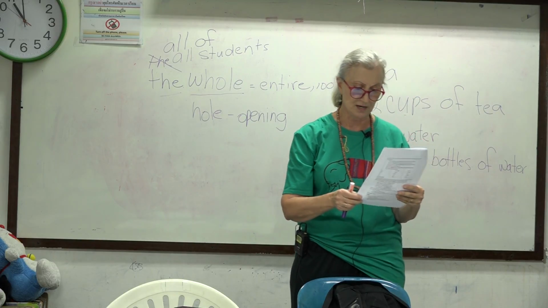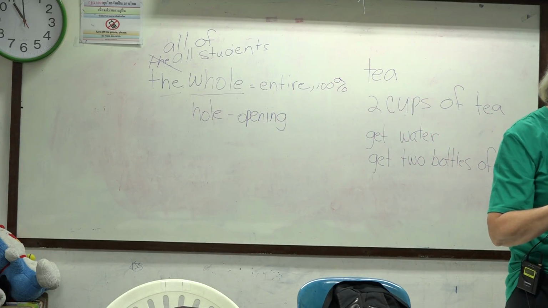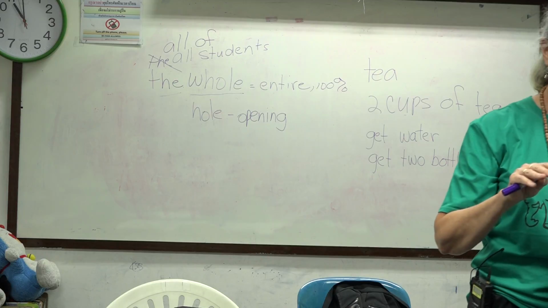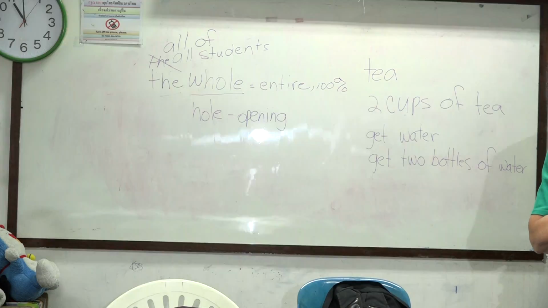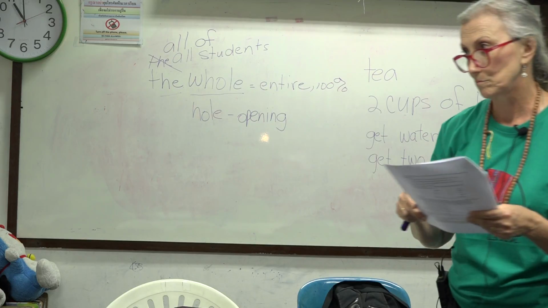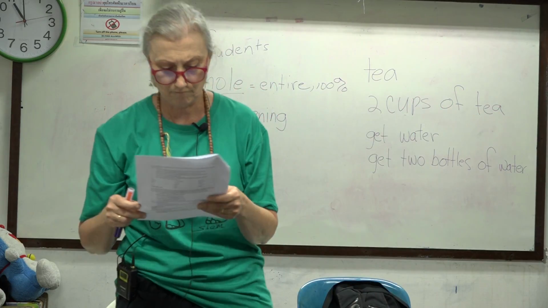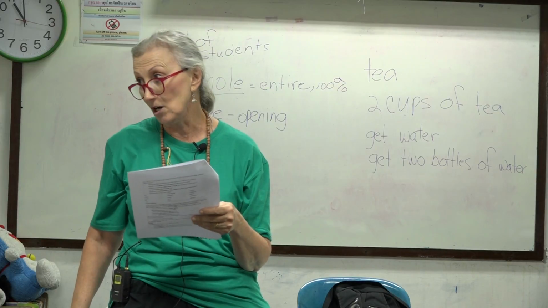So the first one, they spent the whole time laughing is preferred. They laugh all the time. They spend whole time? No. They spent all time? No. The whole time.